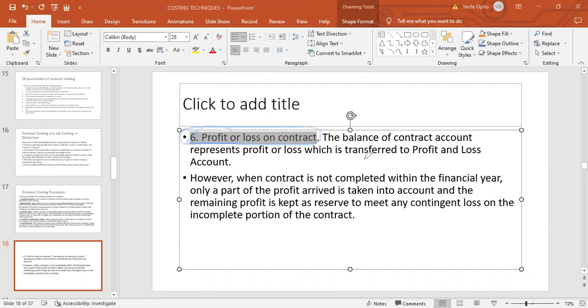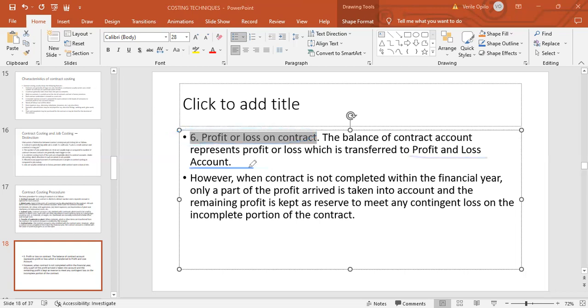If your costs are greater than the income that you've been able to bring in, of course, you're going to make a loss. And if the business has brought in more in incomes than what has been incurred in costs, then the company would have made a profit. So we'll be looking at whether this one is a profit or a loss.